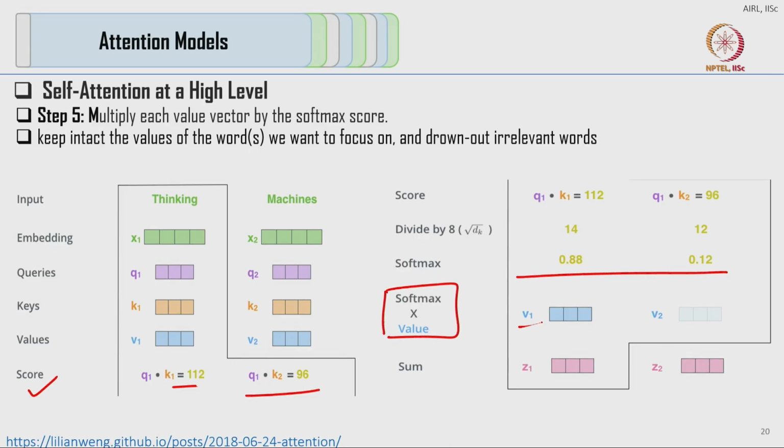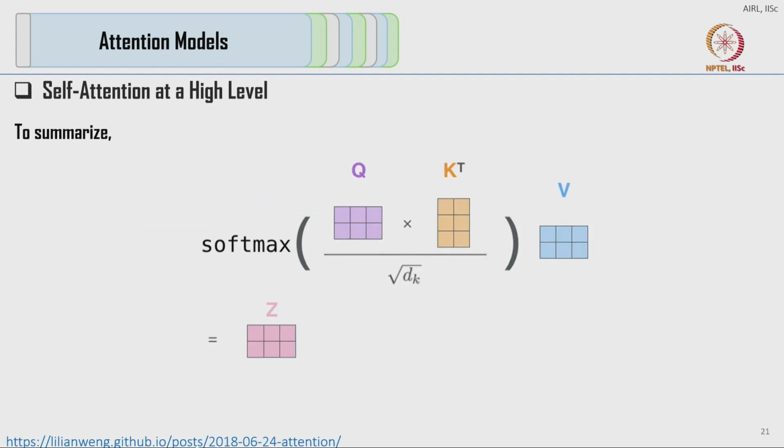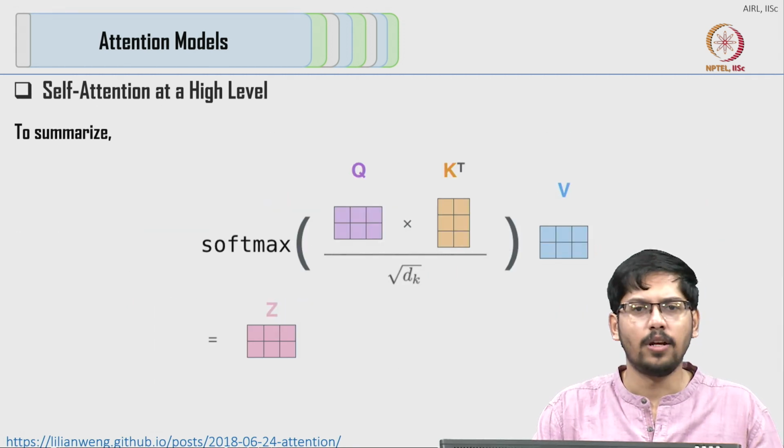So we multiply it with v1 and v2, right. So the softmax for each of the inputs is again multiplied with their respective values, and we generate embeddings z1 and z2, right.